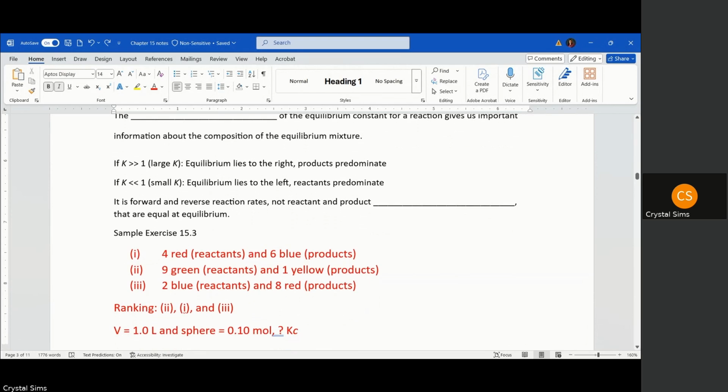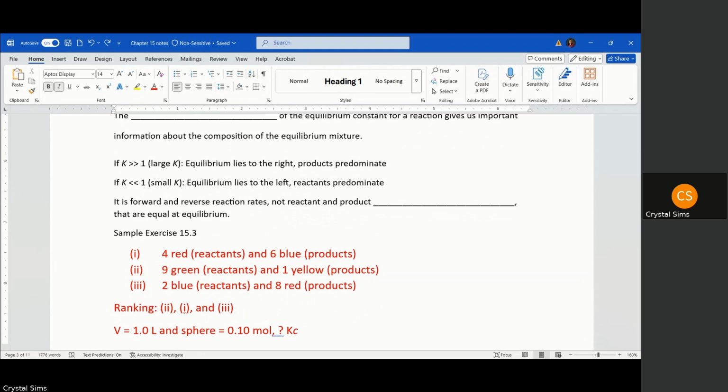In the second part of the problem, they say, okay, now assume that these containers have a volume of 1 liter and each sphere is going to represent 0.10 mole of that substance. And we are asked to calculate our K sub C for this.